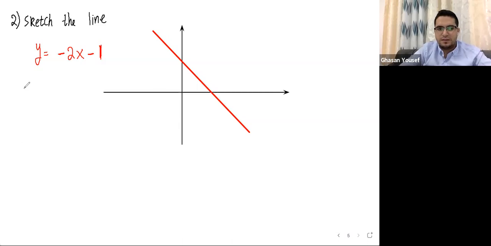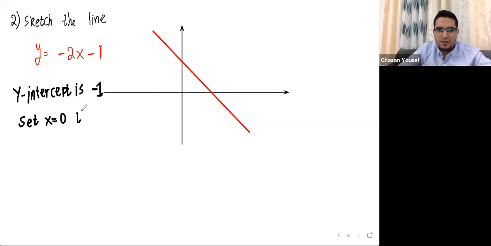The y-intercept is minus 1. How do I know? Just set x equals 0, then solve for y.